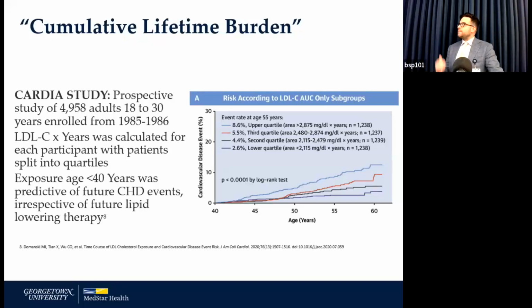What they found is that the patients with the highest cholesterol burden below the age of 40, even with interventions, i.e. statin, if they changed their lifestyle, whatever they did after the age of 40, having that high cholesterol level for so long put them at an increased risk of cardiac events, meaning that sometimes it's too little too late to start treating cholesterol in our 50s, and we really accumulate a lot of subclinical disease for those ages 0 to 40. And so treating patients at a younger age is certainly encouraged.